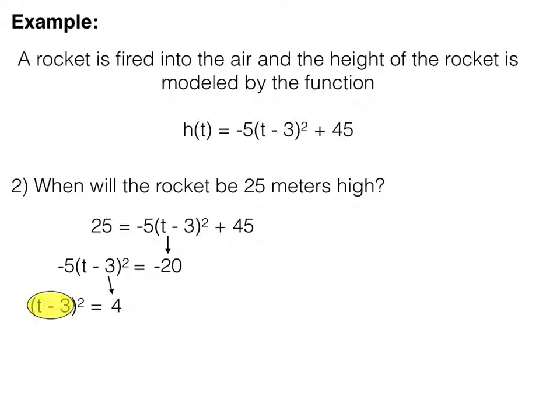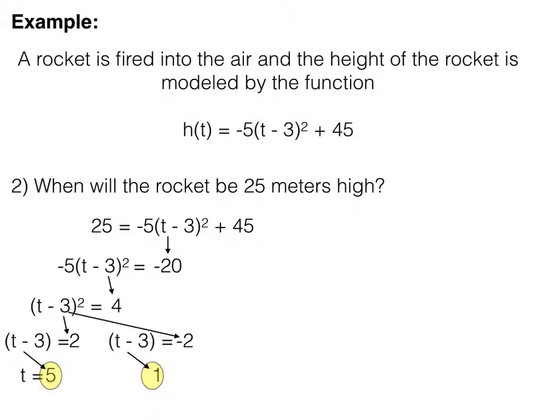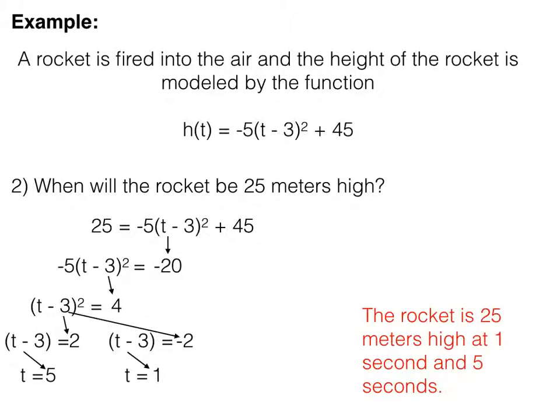Well, t minus 3 could be 2 or -2, because 2 squared is 4 and -2 squared is 4. So t minus 3 is 2 or t minus 3 is -2, which makes t have to be 5, because 5 minus 3 is 2, or t has to be 1, because 1 minus 3 is -2. So that means the rocket is 25 meters high at 1 second and at 5 seconds.